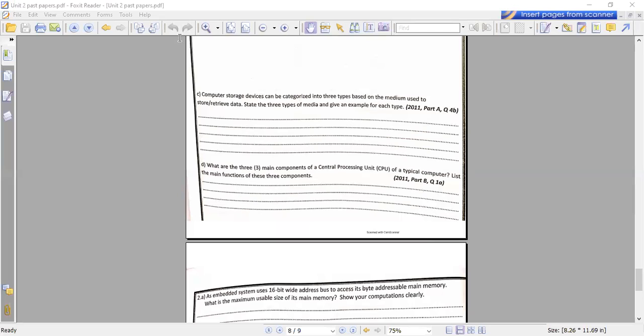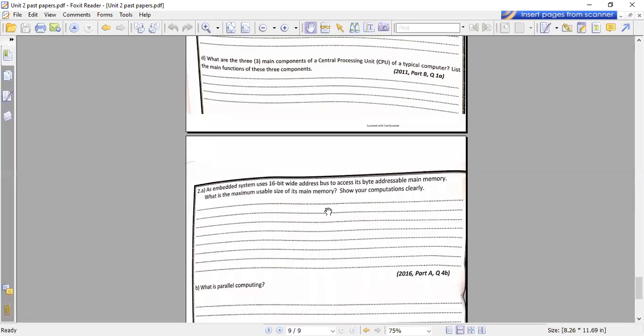Go to the next one, the embedded system 16-bit wide range. This is the question which I did on the board previously. We got 64 kilobytes.